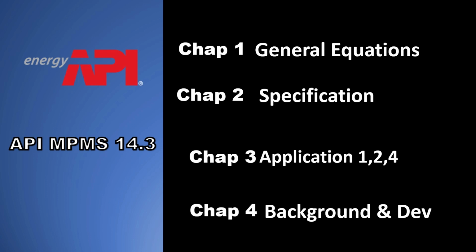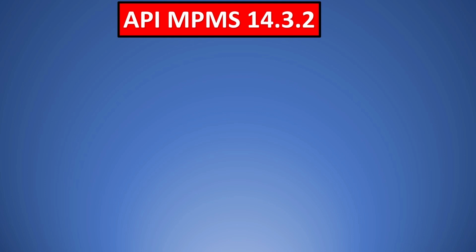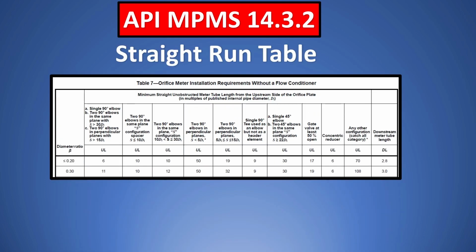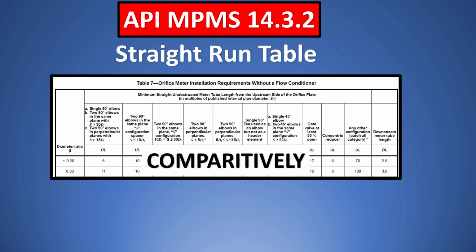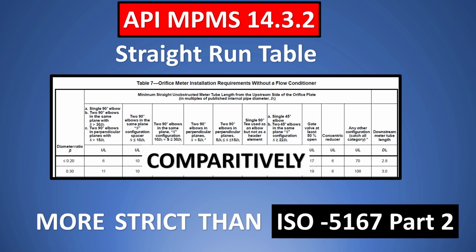So let us look into Chapter 2, which is specifications. Similar to the ISO standard, API MPMS 14.3.2 also has a straight run table, and it is very similar to ISO 5167. But comparatively, this is more strict than ISO 5167. Why? Because the word MPMS stands for Manual of Petroleum Measurement Standards.